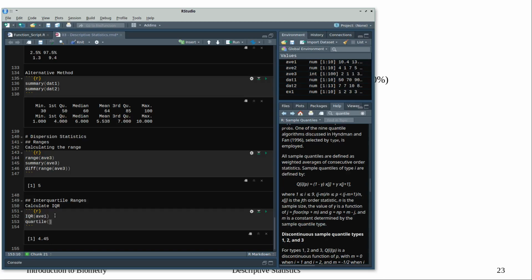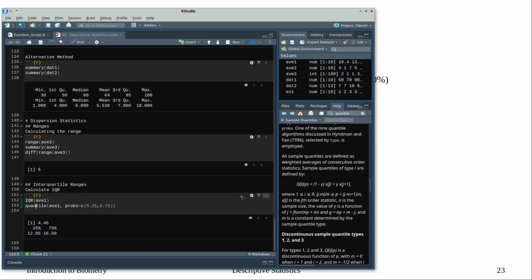Can we confirm this? Yeah, we'll use the quantile function. Remember, we can specify our probs, or our probabilities, and we want the first quartile and our third quartile. So I'm going to run the entire chunk. Sorry, it's quantile.